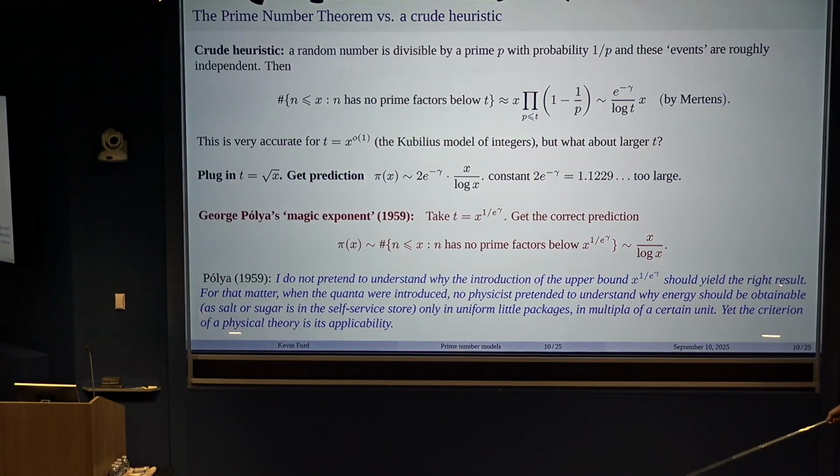And actually justifying it by saying, well, certain ideas from physics were shown to work, but nobody understood really why at the time. The criterion of a physical theory is its applicability. Okay, so if something works, use it, basically, is Polya's motto here.